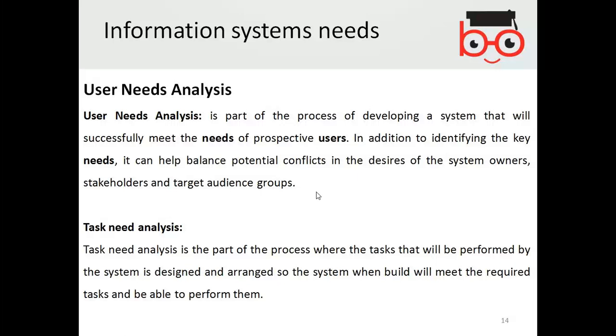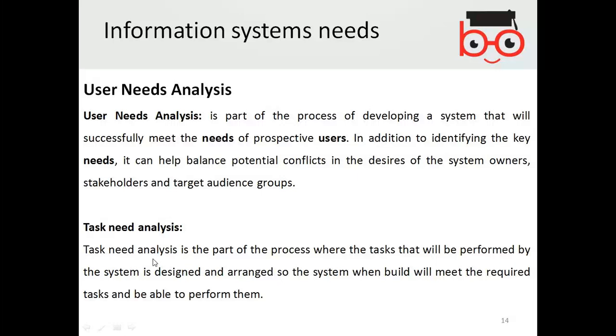So it is necessary to identify the key needs, and you need to focus on the potential conflicts that can arise at the time of system development, since the system owners need what the target audience requires. Those potential conflicts and needs should be identified, balanced and analyzed in advance so that you could produce a better system.